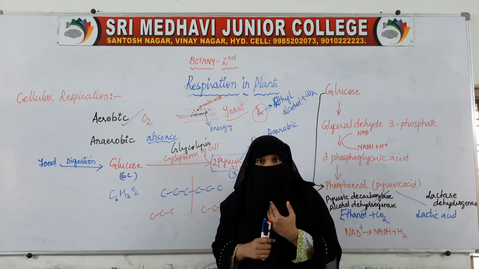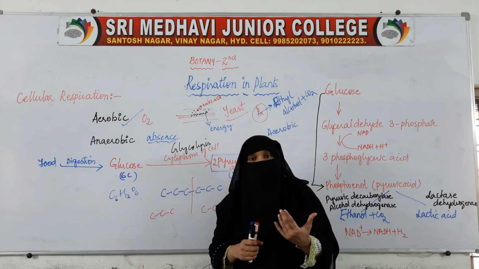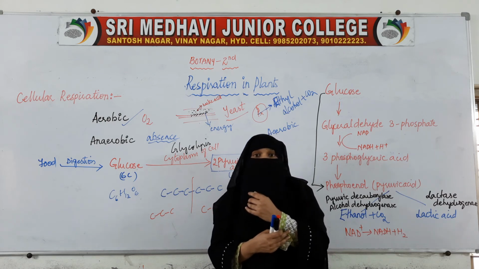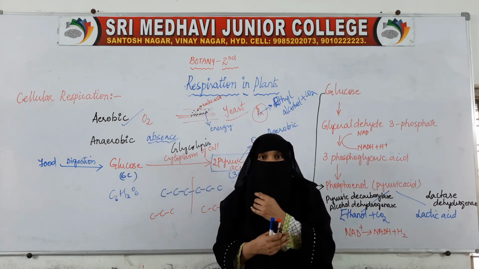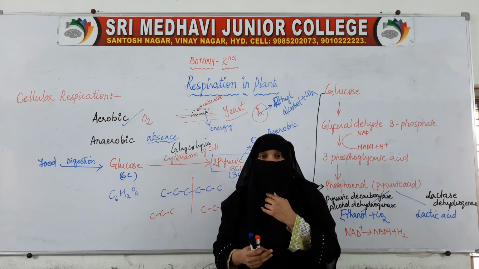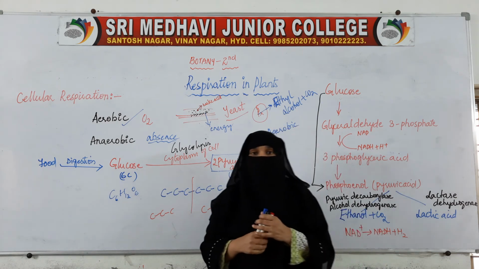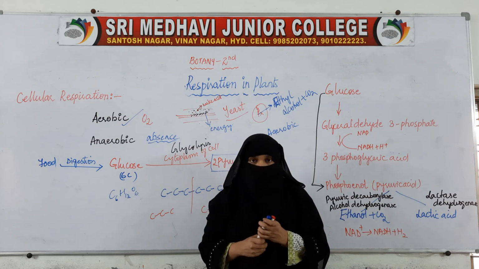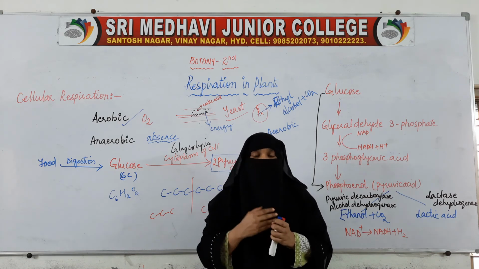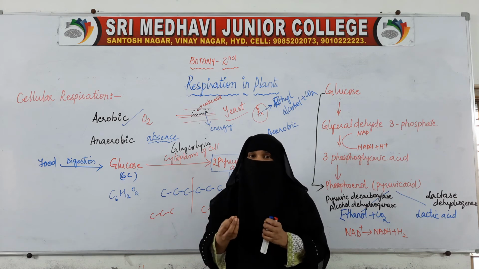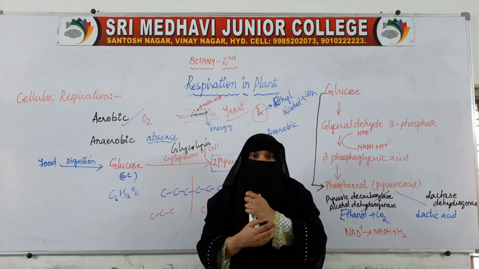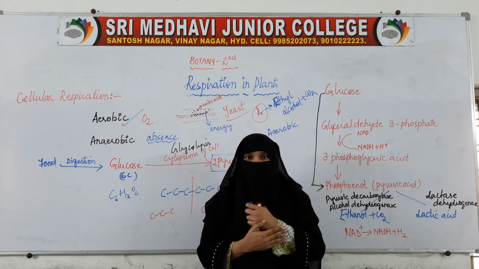So we people also, when we do heavy exercises, some cells of our body, not all cells, some cells which do not get oxygen, will respire anaerobically and produce lactic acid. When the cells produce lactic acid, it will accumulate in the cells.